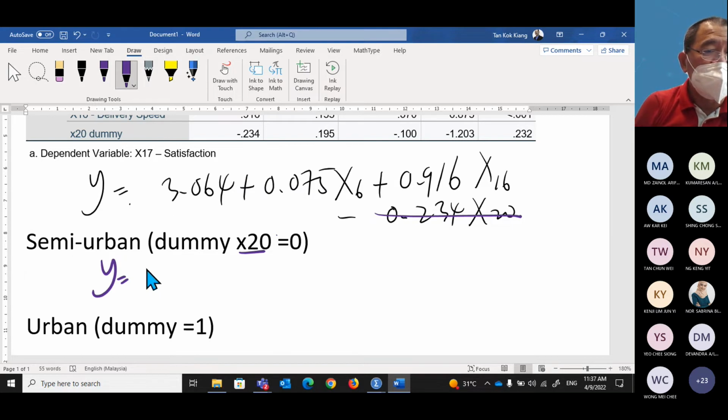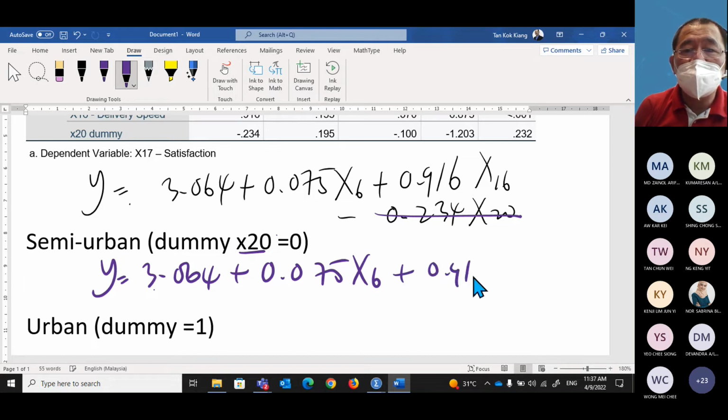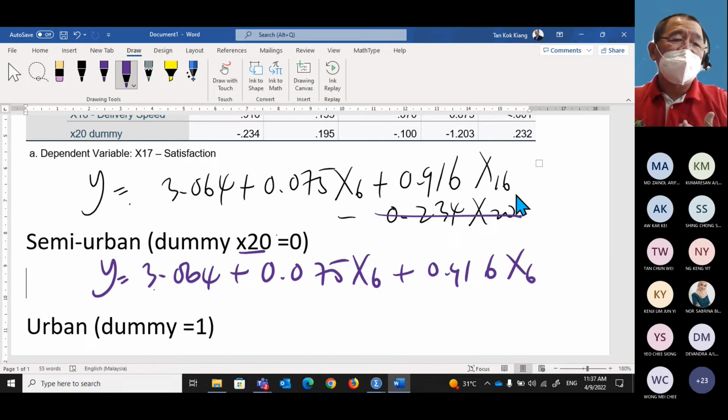Therefore, this is the equation for the semi-urban: 3.064 plus 0.075 x6 plus 0.916 x16. This is the equation for the respondents from semi-urban. That means maybe their shop is in the semi-urban area.